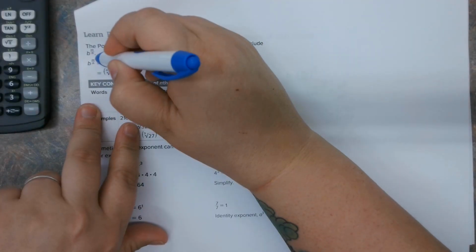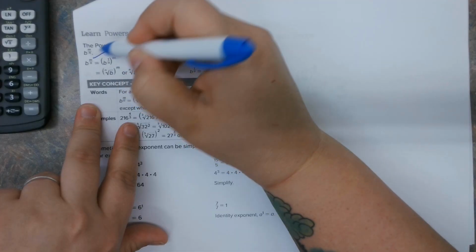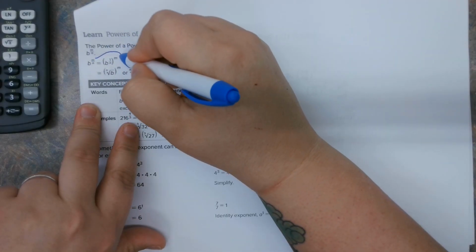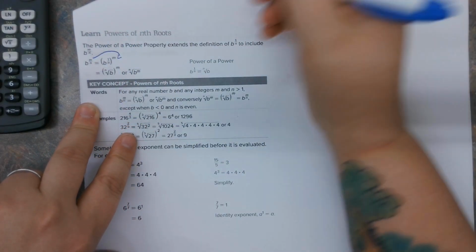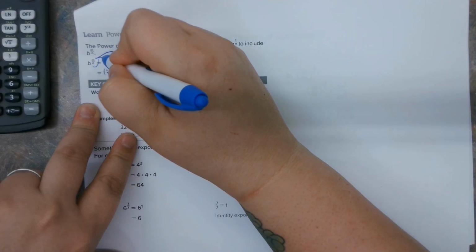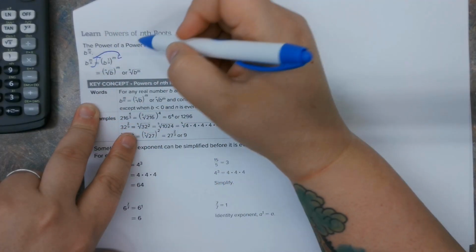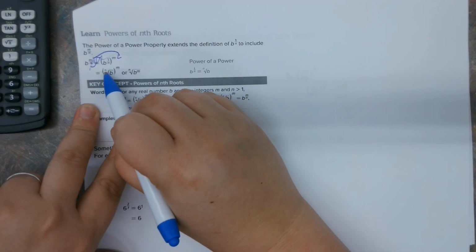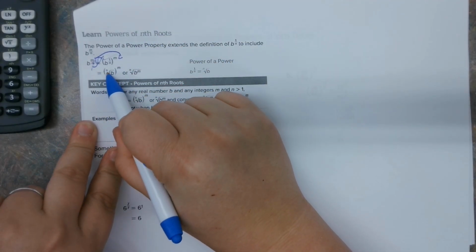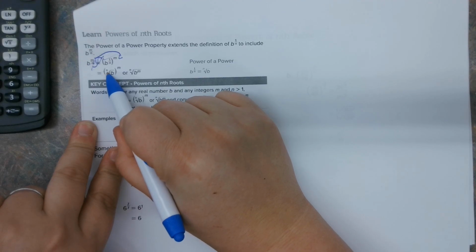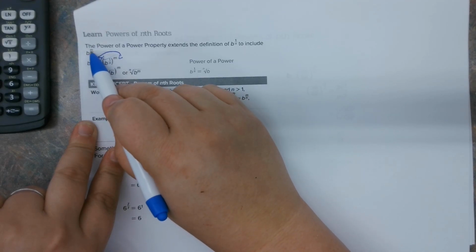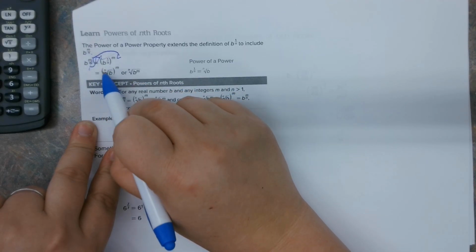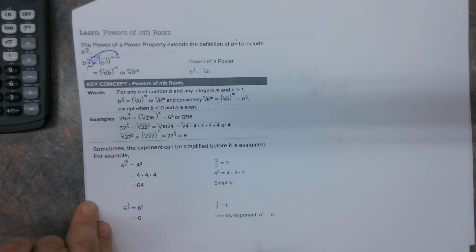The top number of your fraction, so your numerator, is your exponent, and your denominator is your index, okay? So that would be the exponent, and that will be the index, okay?